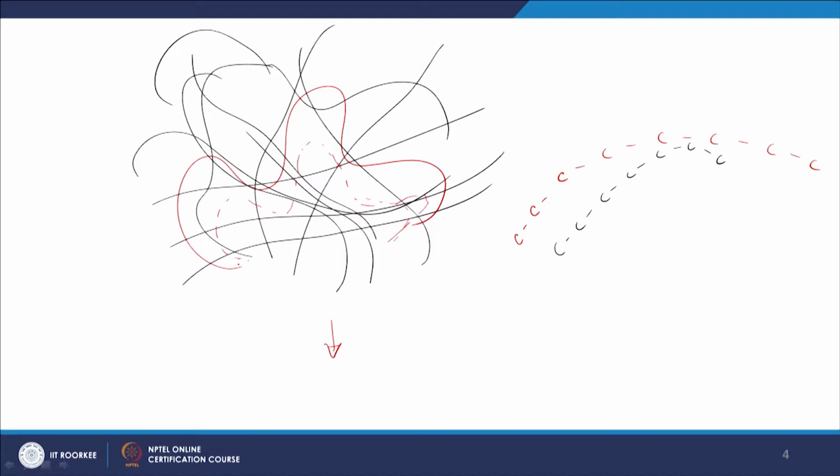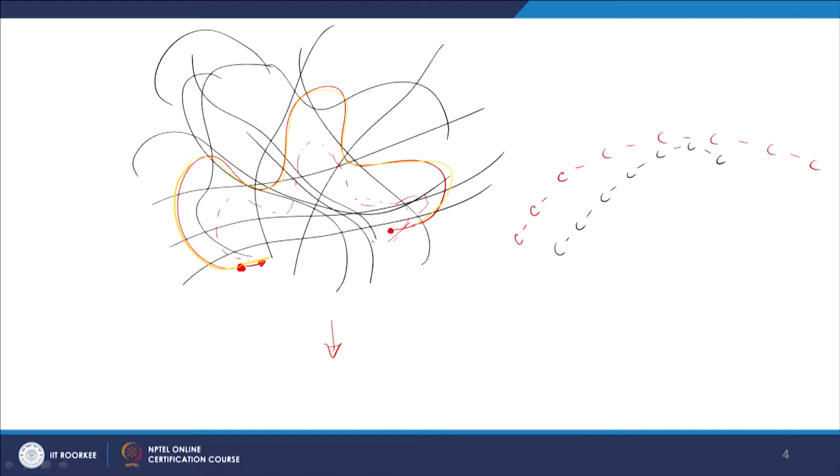That is, I can hold this end or the other end, and I start pulling in this direction along the contour, so that my new chain on pulling will become something like this.